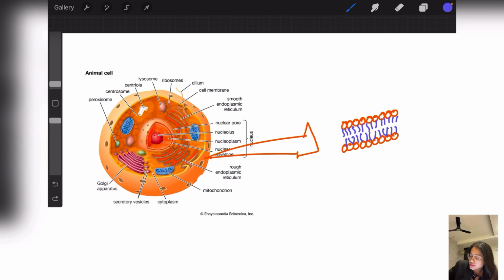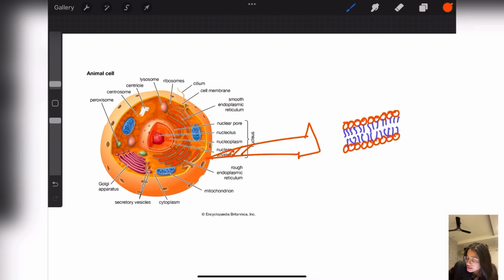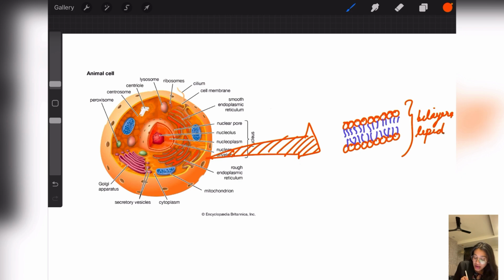Now what they are talking about is, suppose this is the cell. The boundary, the membrane, is made up of bilayered lipids, with hydrophobic groups in the core and hydrophilic groups in the surface.